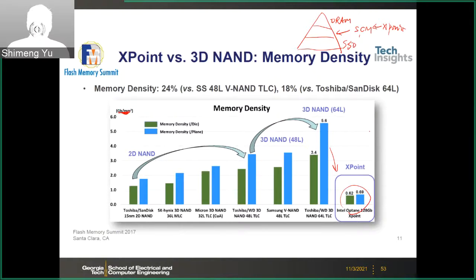And it's faster than the normal SSD, because the phase-changing memory can read and write in about 100 nanoseconds. But for the SSD, the NAND flash latency is tens of microseconds.